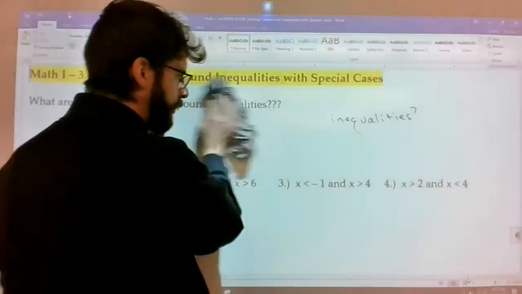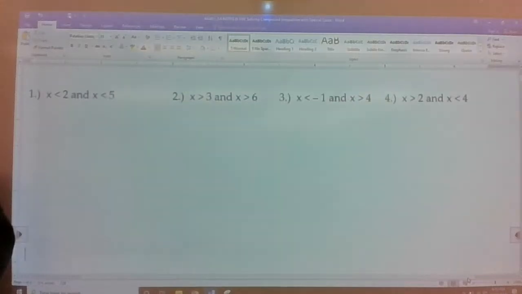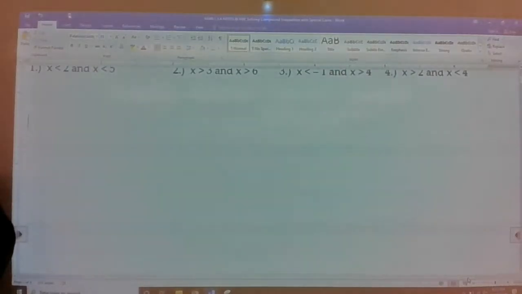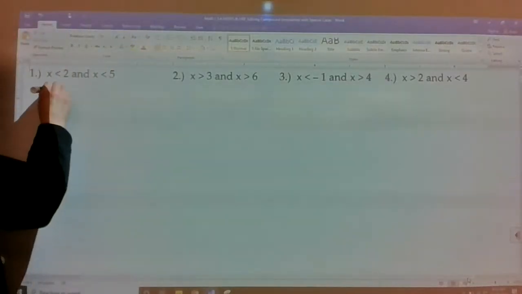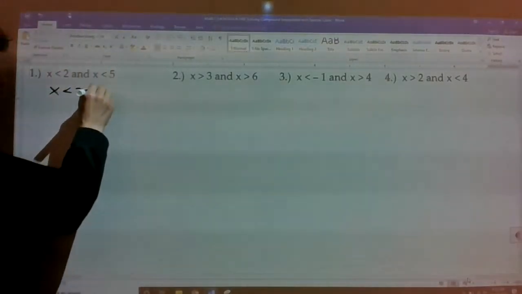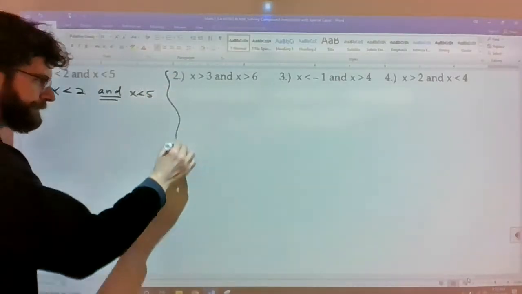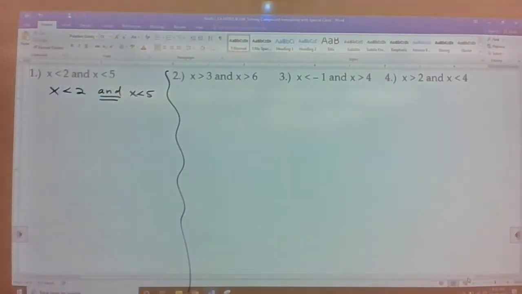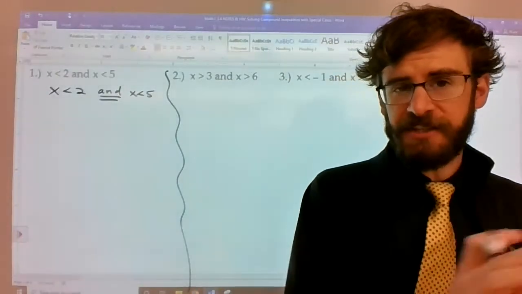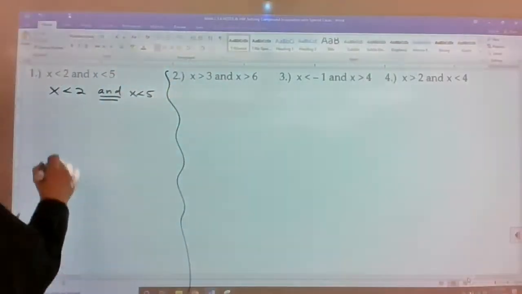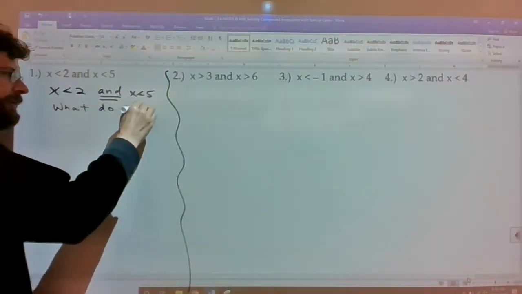So I'm going to give us a little more room below. There we go. All right, so our first one. X is less than 2 and X is less than 5. So before I even begin this, I'm looking for the shared space between less than 2 and less than 5. So what do they share?